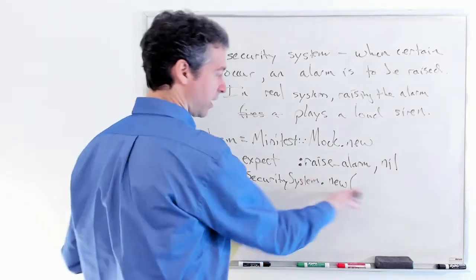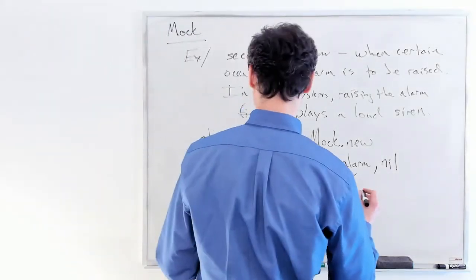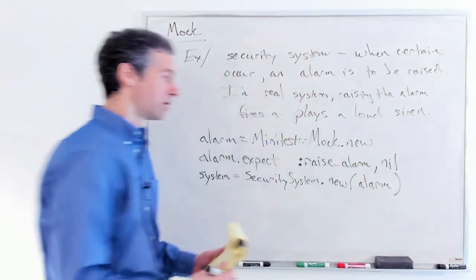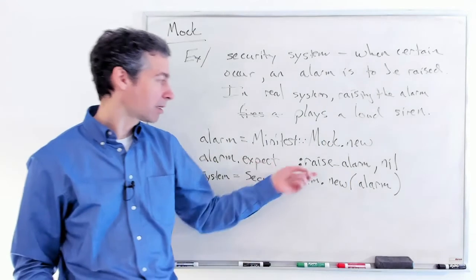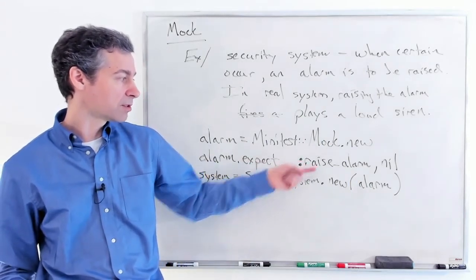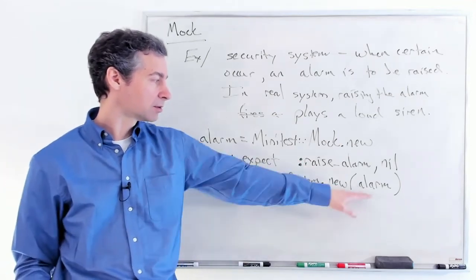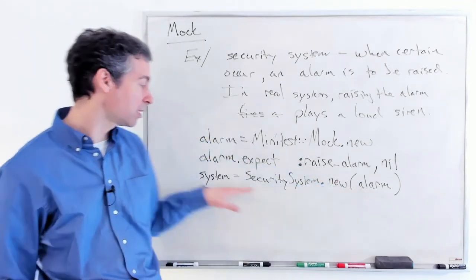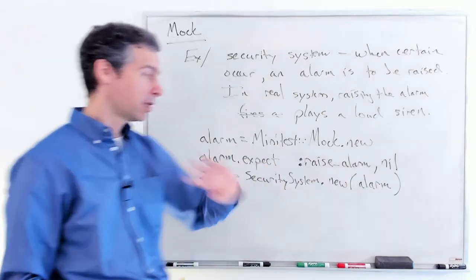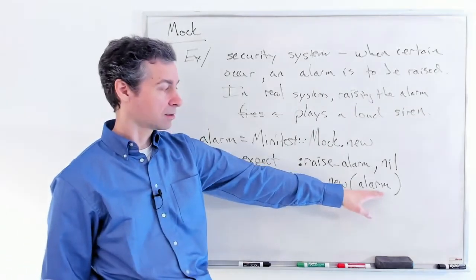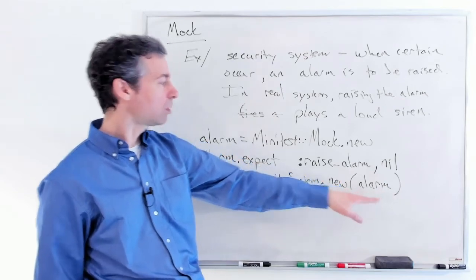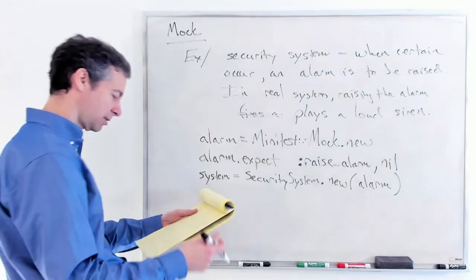So it's set up in its constructor to allow us to pass in whatever that alarm class is. Our mock is designed only to pay attention to the notion of raising the alarm, and that's all we need when testing our security system in the following code. So we create this and send in the mock, which is just a double playing the role of whatever the actual alarm class is.